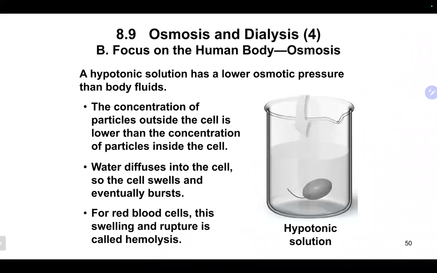So let's take a look at what would happen if we put that same red blood cell into a hypotonic solution. A hypotonic solution, as I mentioned before, is basically less than. What's going to happen is the outside of the cell is less concentrated than inside the cell. Based on osmosis, the inside of the cell is way too concentrated.